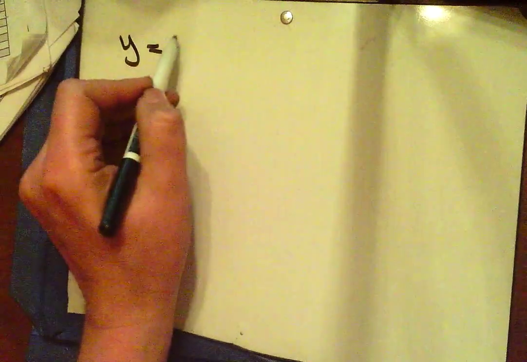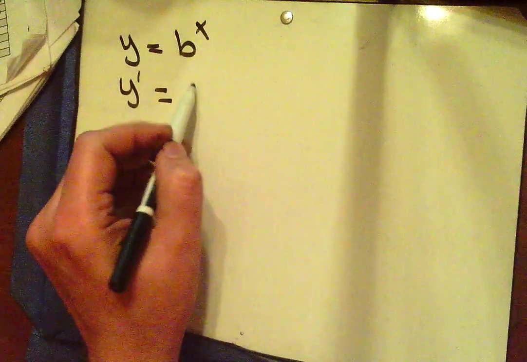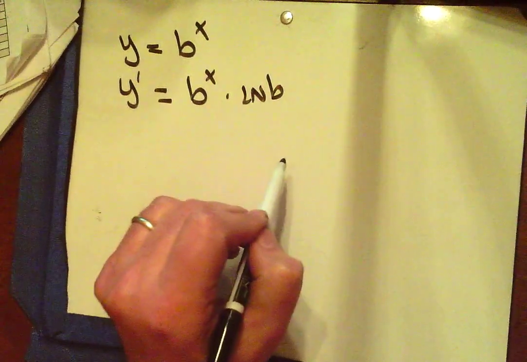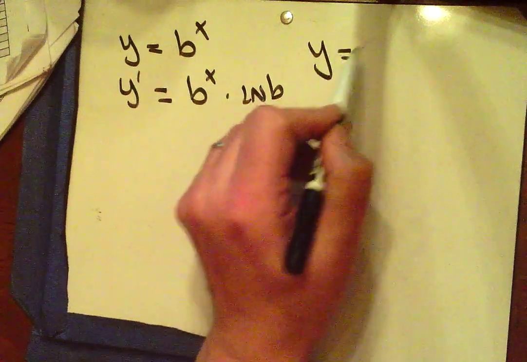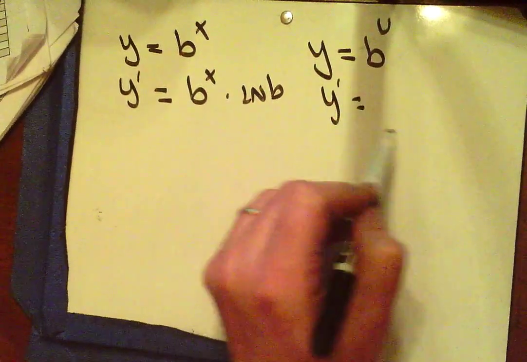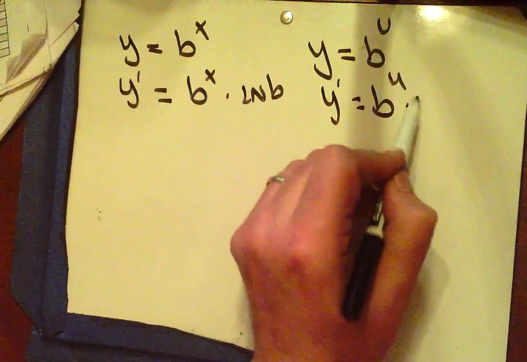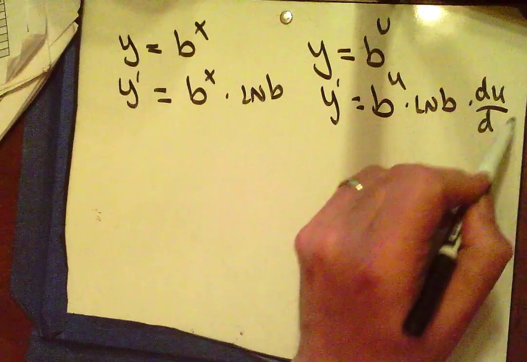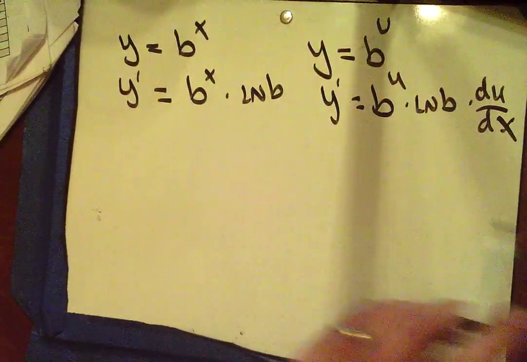We should know when we have y equals b to the x, that y prime is going to be itself times ln of b. And if we have y equals b to the stuff, then y prime is going to be b to the stuff, ln of b times the derivative of stuff with respect to x. Chain rule.